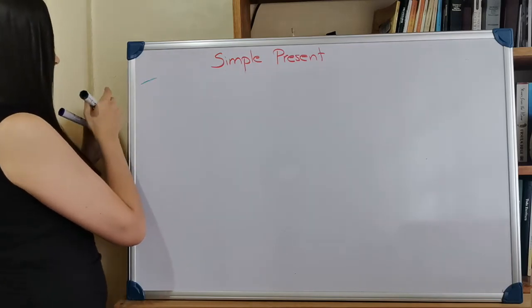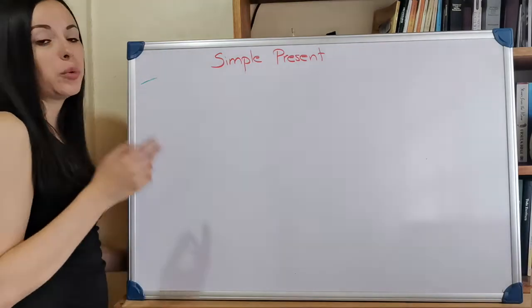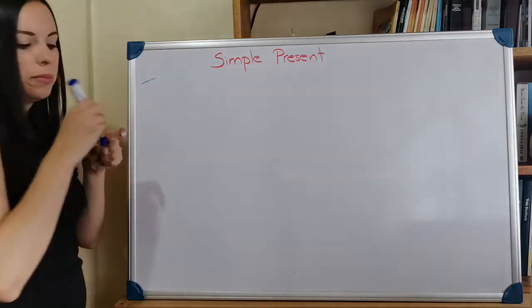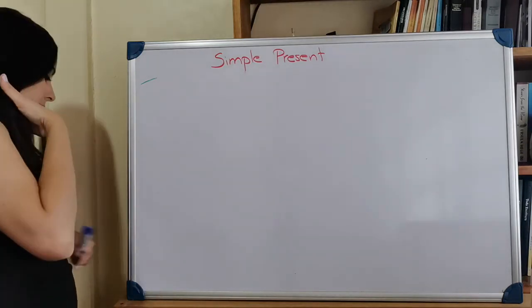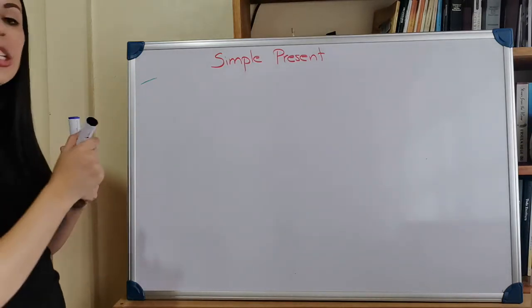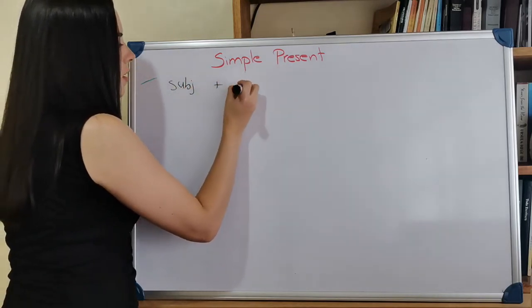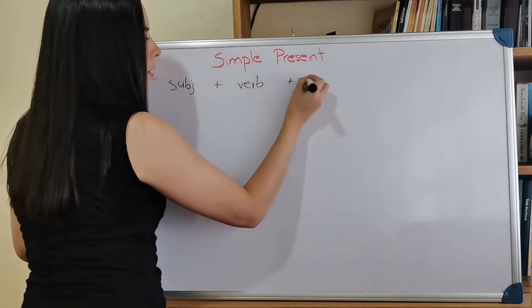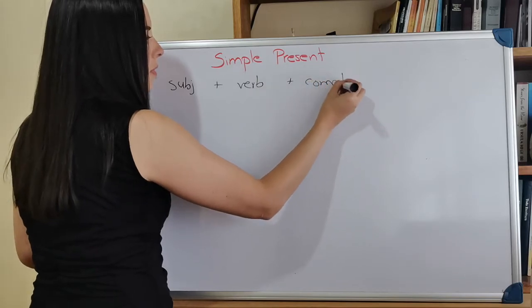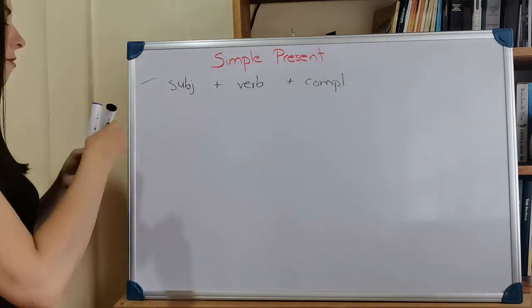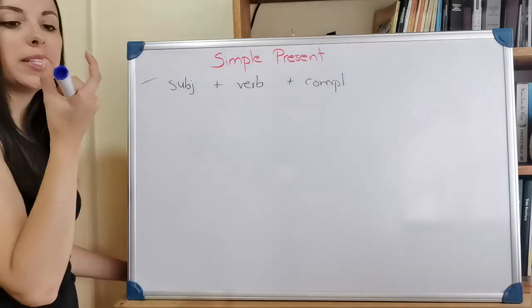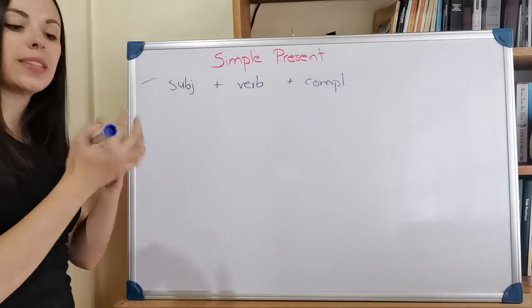Negative sentences, we have the same structure. We always have subject, verb, complement. Remember that. That never changes. We have subject plus verb plus complement. But the only difference is that we need a negation. We need a particle to say that the sentence is negative.